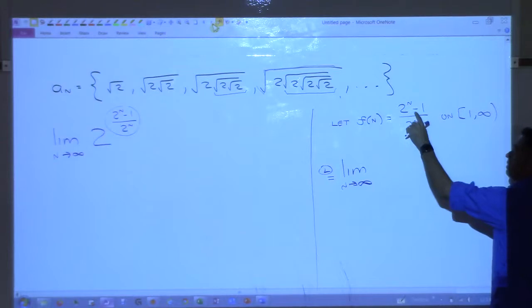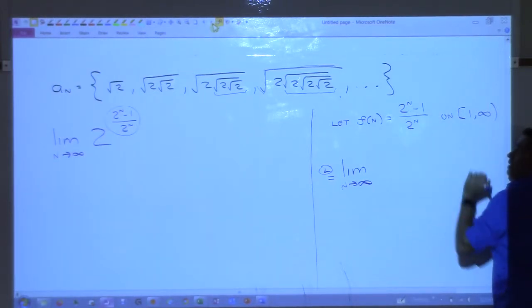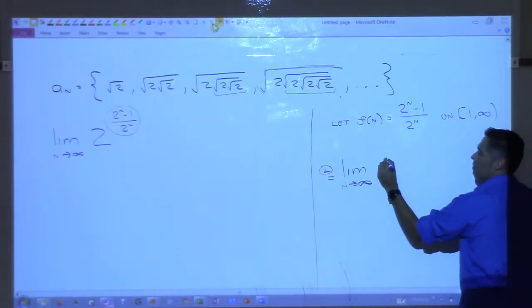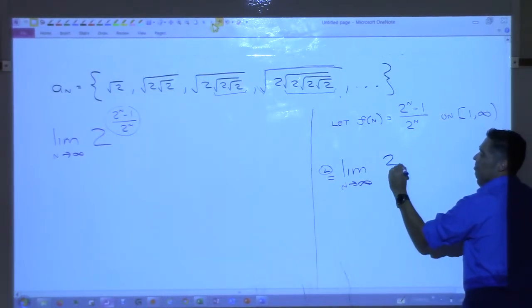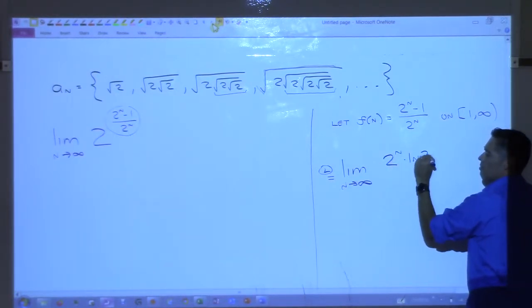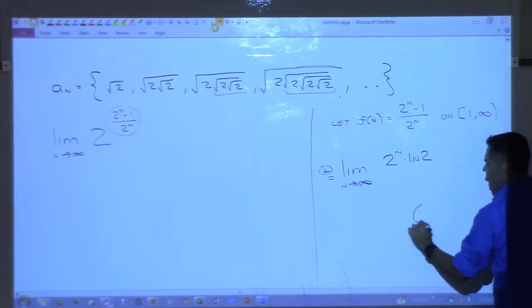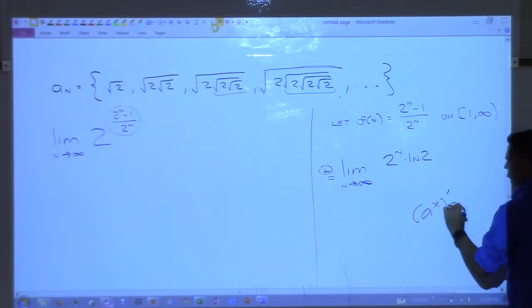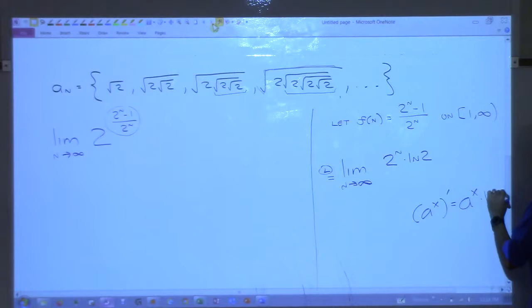What is the derivative of 2 to the n? The derivative of 2 to the n is 2 to the n times natural log 2. Go back to Cal 1. Derivative of a to the x is a to the x times natural log a. Exponential functions, the derivative of an exponential function is like this.